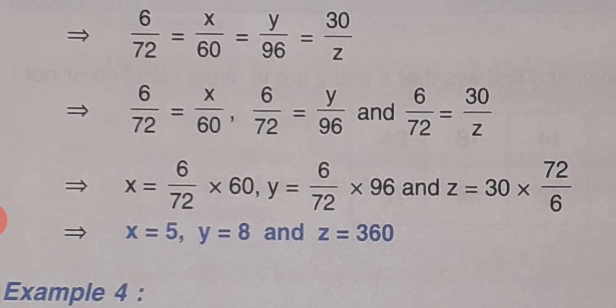And the third, 6 by 72 equals 30 by z, gives z equals 30 into 72 by 6. You all know how to solve this type of algebraic expression, so it is very easy and the answer is z equals 360. So we are able to find the unknown numbers x, y and z.